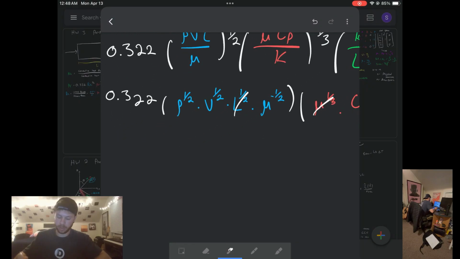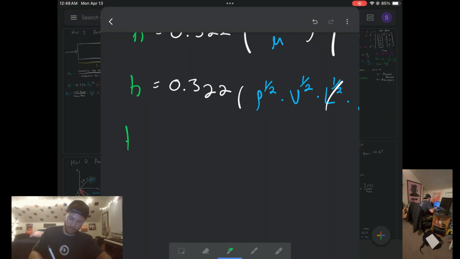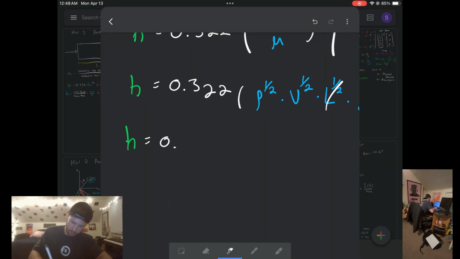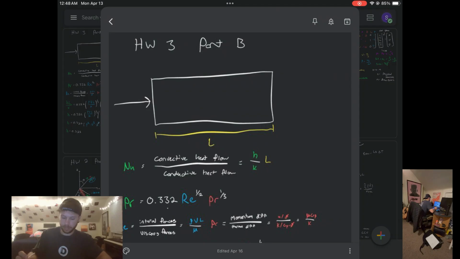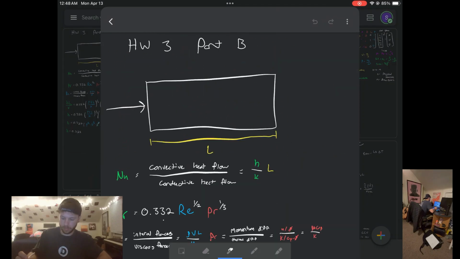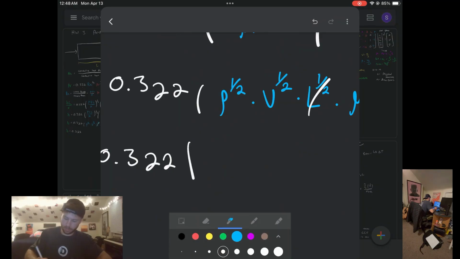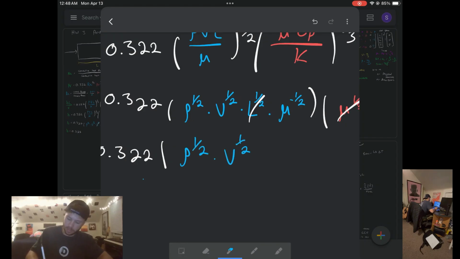And we'll be left with H equal to density to the 1/2 times velocity to the 1/2.